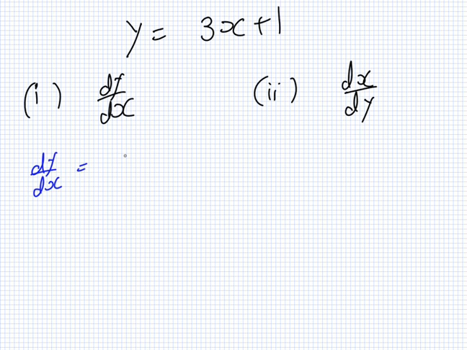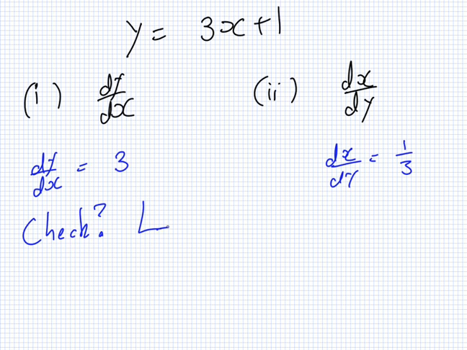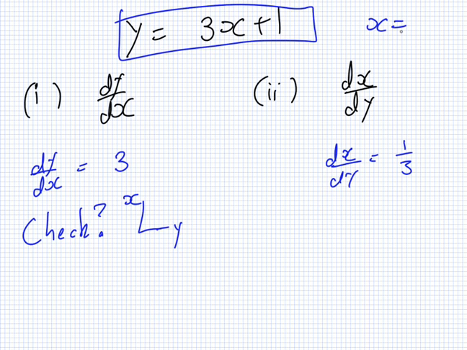It's just going to be 3, isn't it? So then that makes us think the dx/dy should be 1 over 3. But is there any way to check this? And the answer is yes, because what we can do is put the y here and the x here, which means instead of having y equals, we should have x equals.